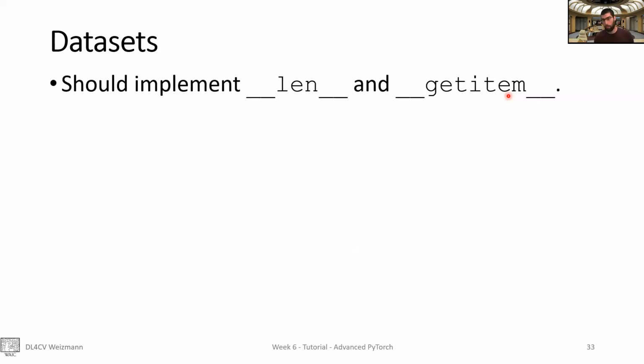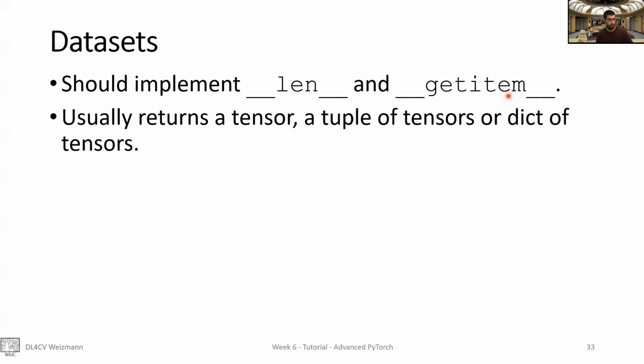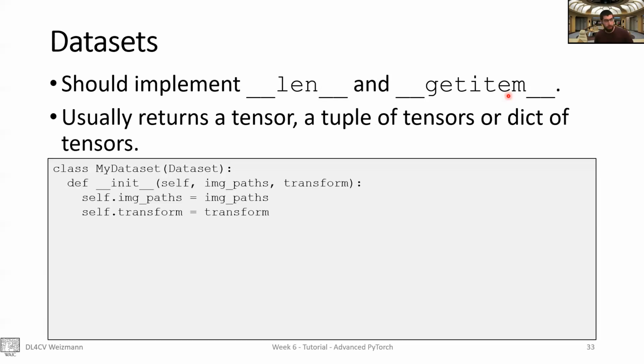So here's how to implement your own dataset. In PyTorch, the main dataset you will implement will have two methods you should implement: len, which specifies the length of the dataset, and getitem. Here, for example, we have a dataset which will return images loaded from some path and apply a transformation on each image.